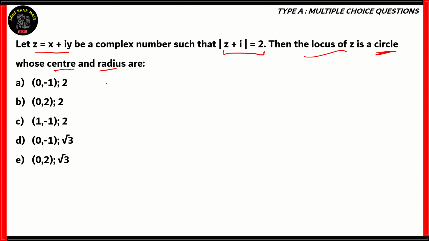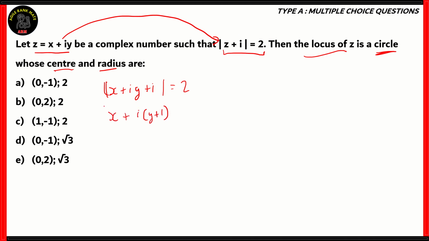Now we know that z is x plus iy, so we will plug this value into the given expression. So modulus of z plus i is 2. So therefore modulus of x plus iy plus i is also 2. So from here, x plus i times y plus 1, its modulus is 2.